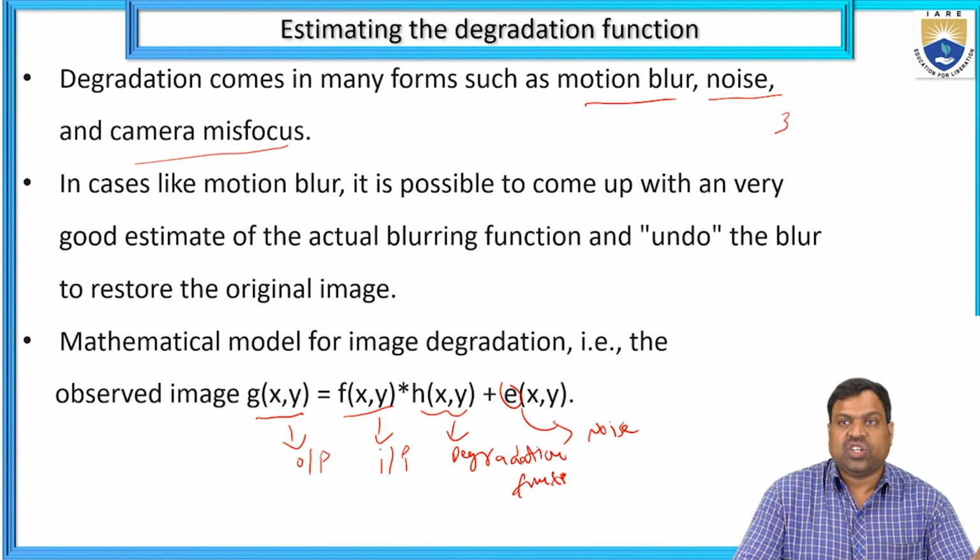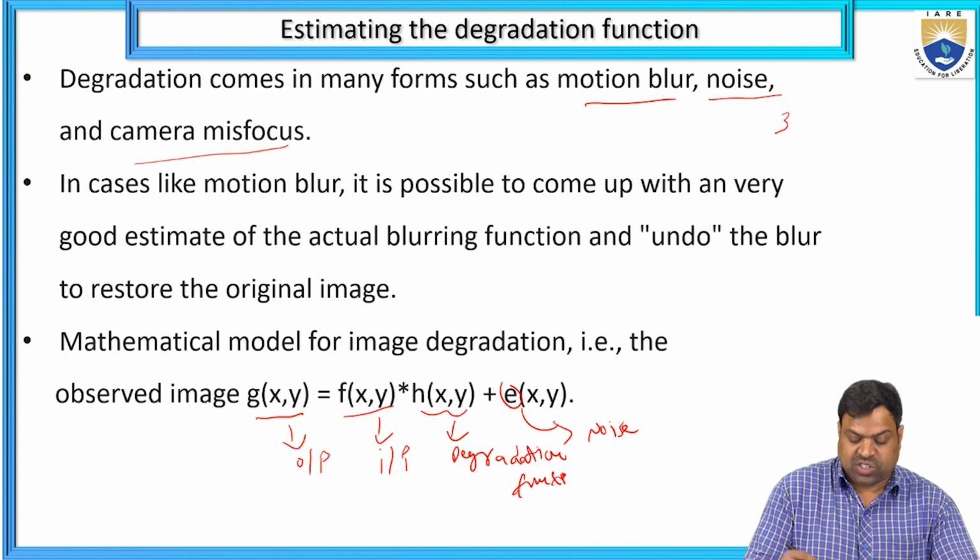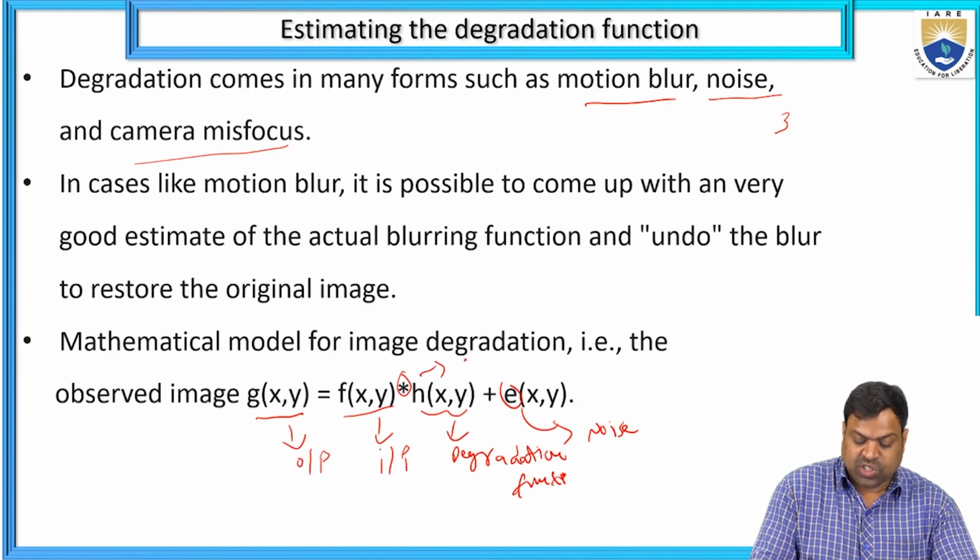Noise here means motion blur, noise or camera misfocus. We estimate the motion blurring, apply the degradation function and reduce the noise, and then we get the output g of x comma y. Here the star is denoted as a convolution function.